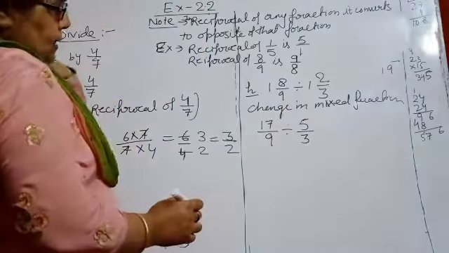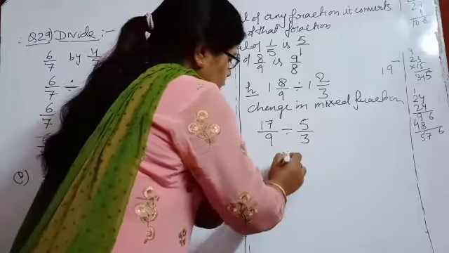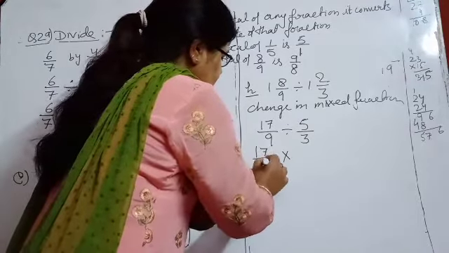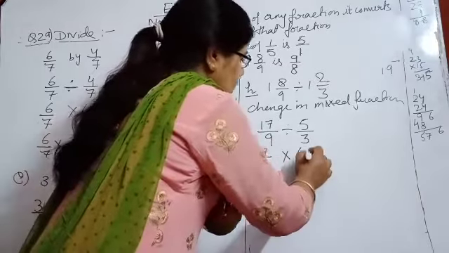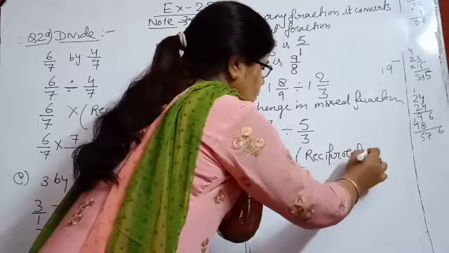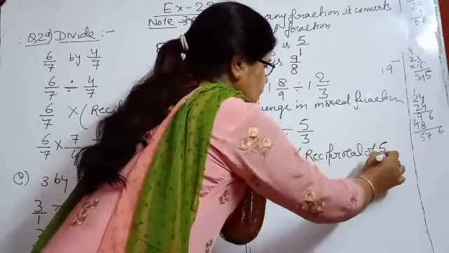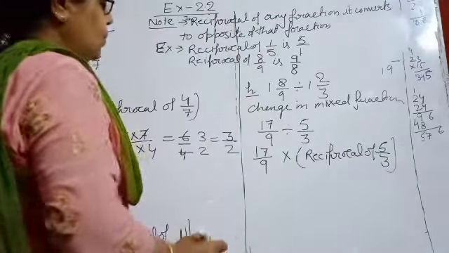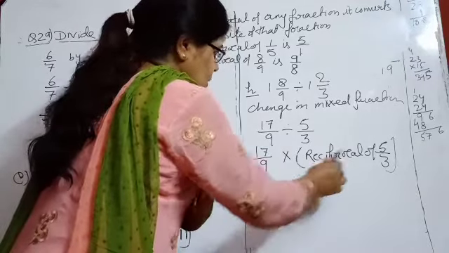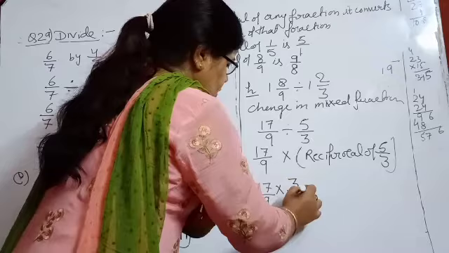Now the divide sign will be converted into a multiplication sign. The first fraction will remain the same, 17/9, and the reciprocal of 5/3. So take 17/9 multiplied by 3/5.